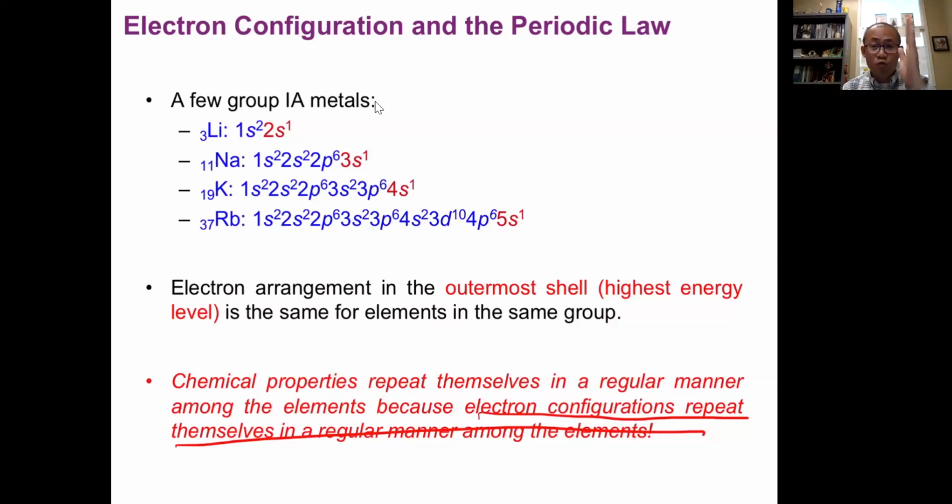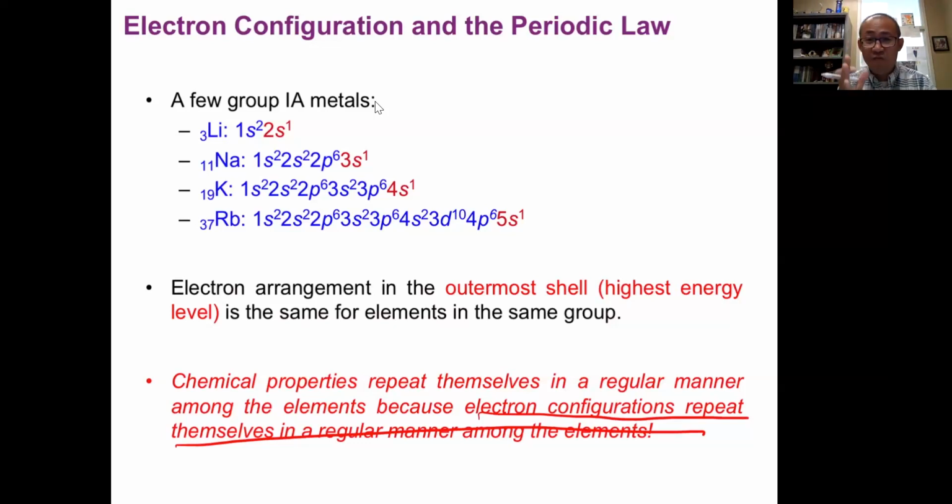Elements in the same group will have the same outer electron configuration. Lithium s1, sodium s1, potassium s1, rubidium s1. And the difference, of course, is that the highest shell is different. Lithium's highest shell is 2, potassium's highest shell is 4, rubidium's highest shell is 5, because they're equal to the period.